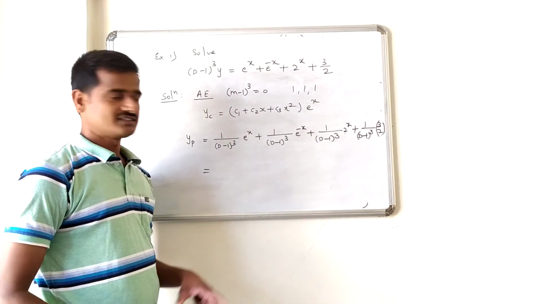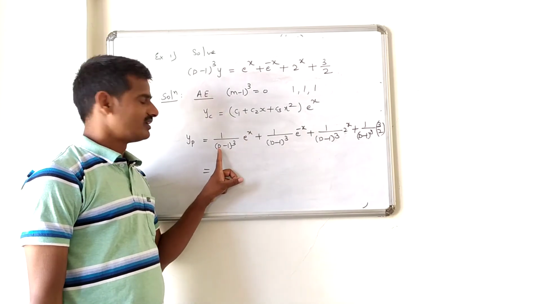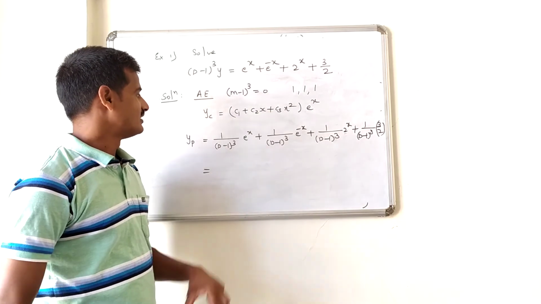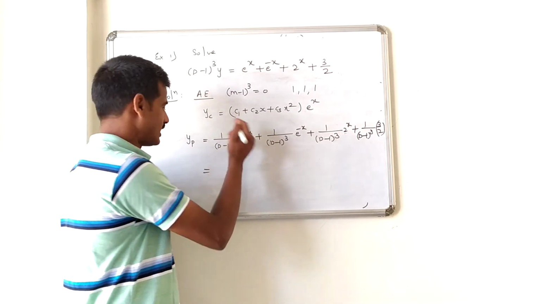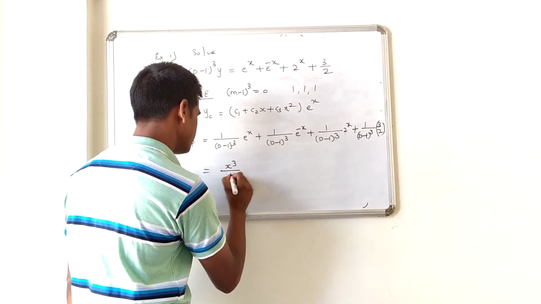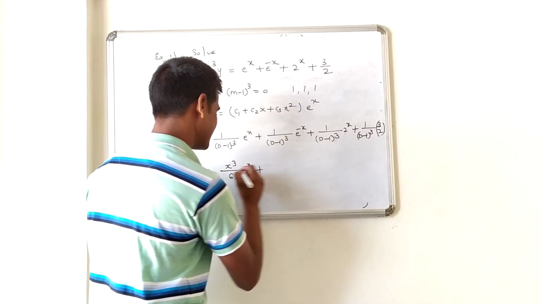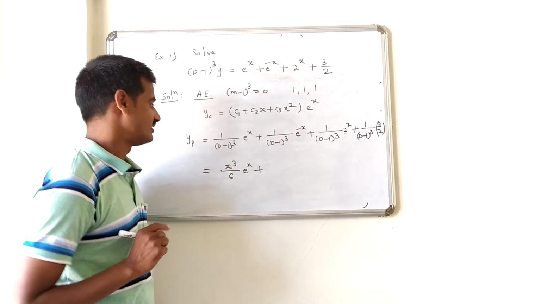Now in the first case, replace D by 1. So 1 minus 1 is 0, so it is a case of failure. Now here power is 3. So I multiplied by x cube divided by 3 factorial, that is 6, into e to the power x, as per our result discussed earlier.